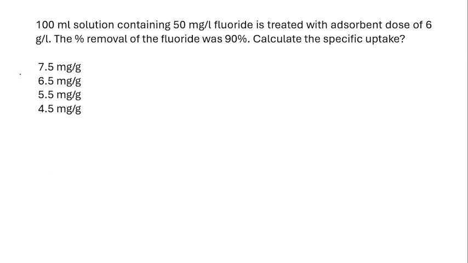So the question is 100 ml of the solution is containing the contaminant, here the fluoride, of concentration 50 mg per liter, and it is treated with the adsorbent concentration 6 gram per liter, and percentage of fluoride removed is 90 percent, and they are asking the specific uptake of this particular fluoride for each gram of the adsorbent used.